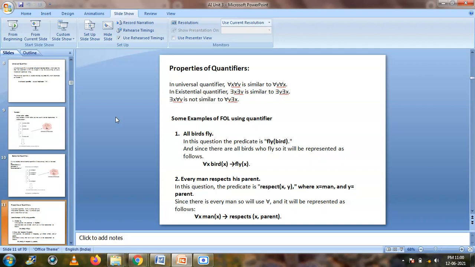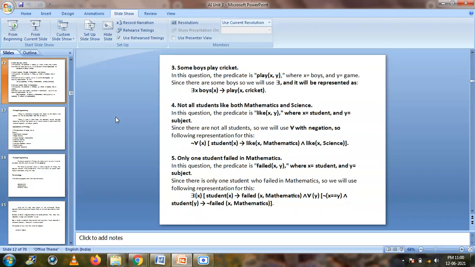Since it's every man, we use the inverted A, and it will be represented as for all x, man of x implies respects of x and parent. Third: some boys play cricket. Here the game is connected to the boys, and it will be represented as there exists x, boys of x and plays cricket of x.